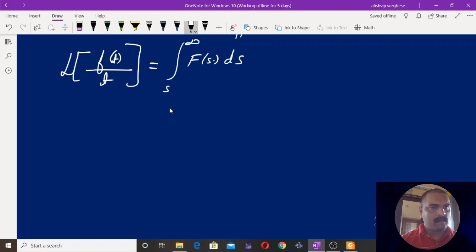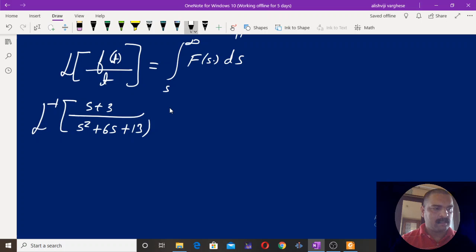And the problem is find the inverse Laplace transform of (s plus 3) divided by (s square plus 6s plus 13) the whole square.